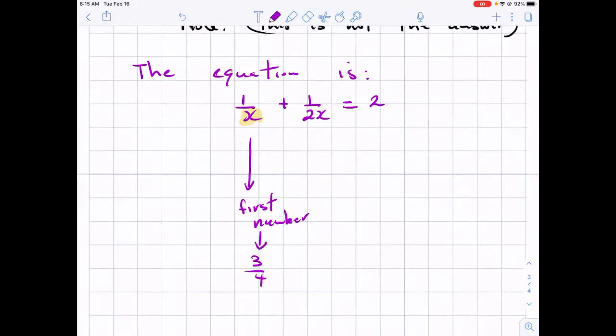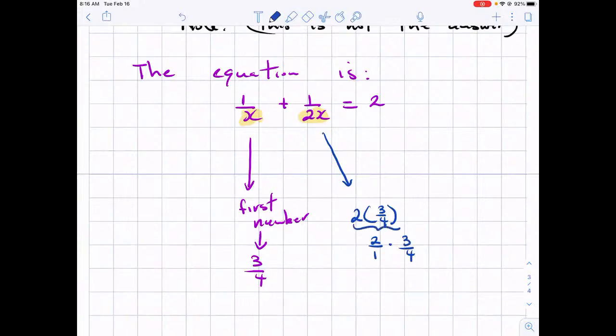Now the second number, we have to find that. And to find that, we have 2 times 3 over 4, which is really the same as 2 over 1 times 3 over 4.